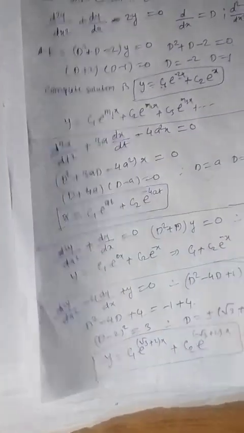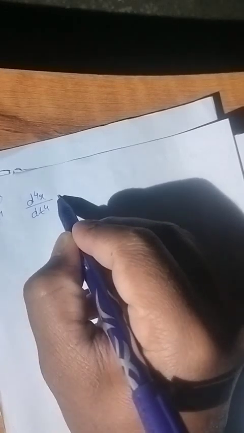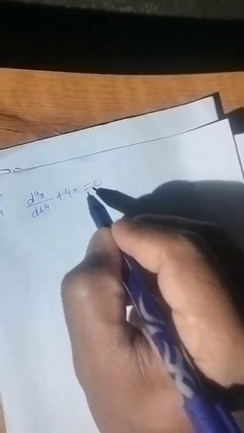Now let us move to another differential equation: d4x by dt4 plus 4x equal to 0.